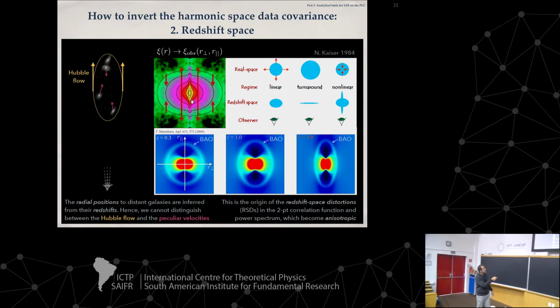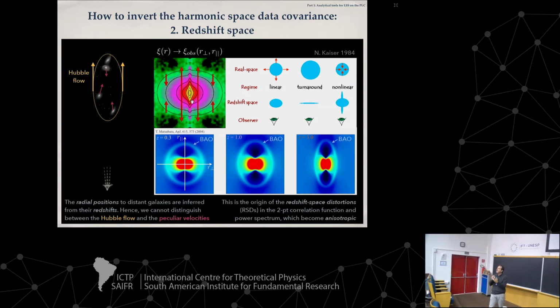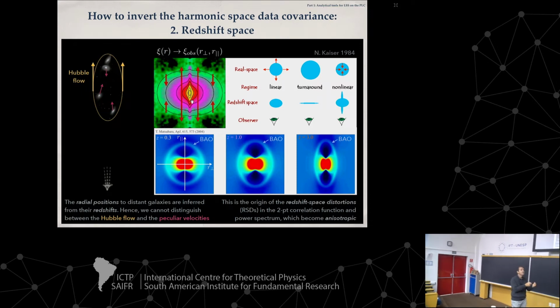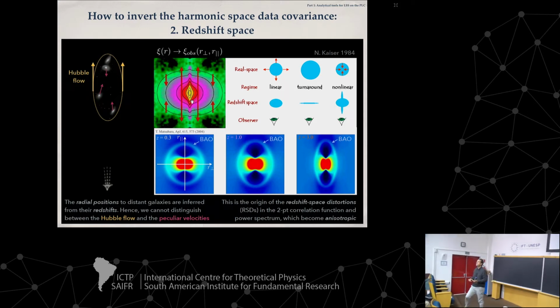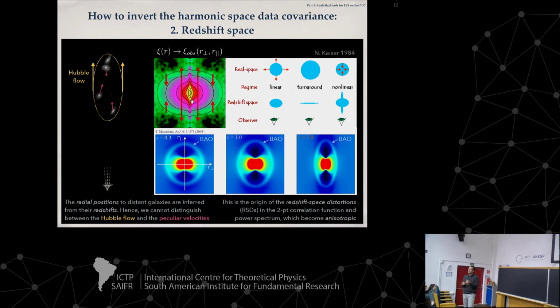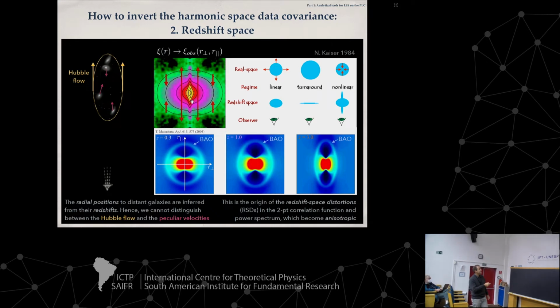But inside that structure, you have gravity acting, and you have some sort of center of mass, and things are being pulled towards the center of mass through their own gravity. So this one is falling that way, this one is falling that way. So on top of the redshift from the expansion of the universe, you also have a bit of redshift from the so-called peculiar motions of these galaxies.